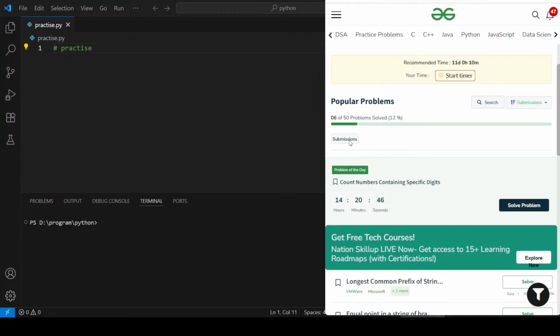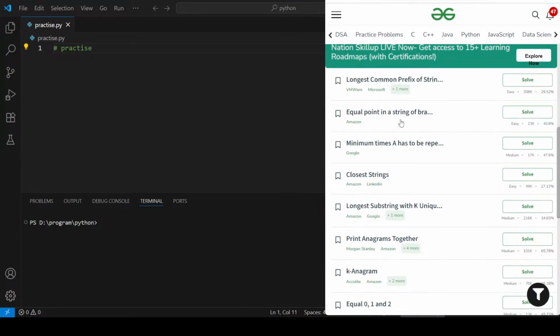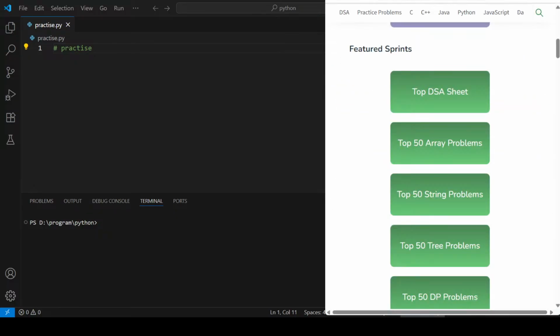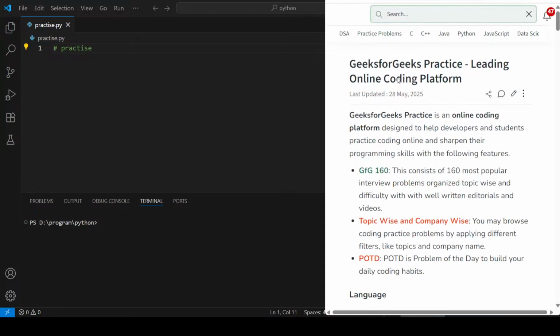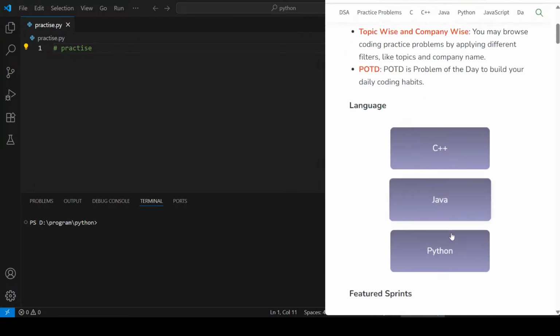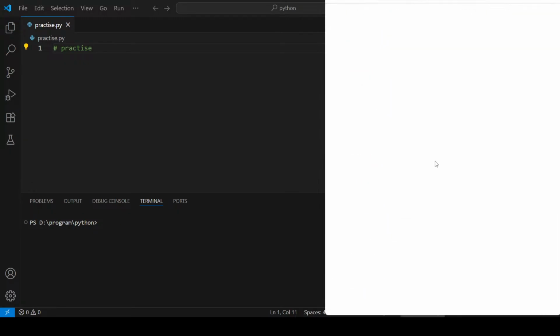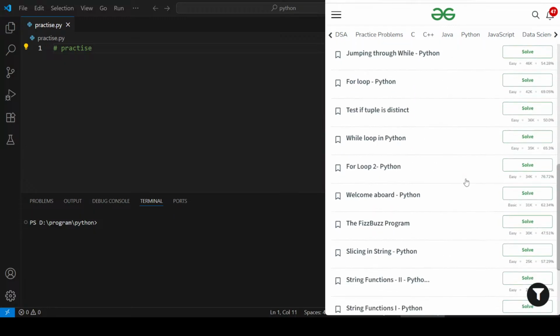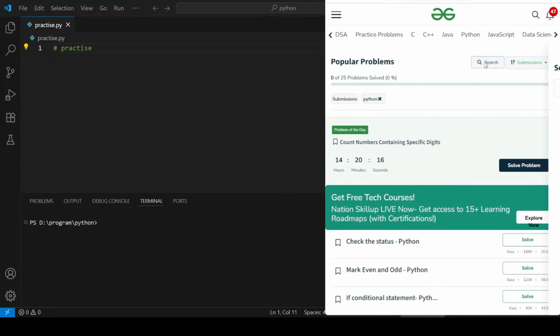Now let's go for filter. Where is the filter? Wait, guys, before that.